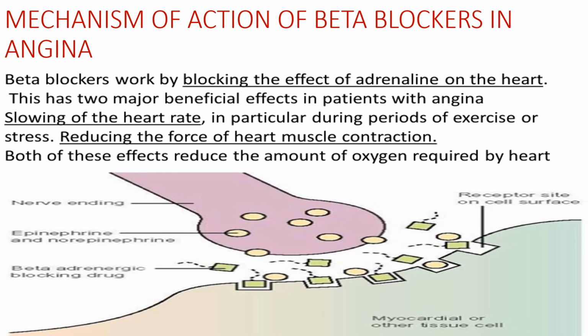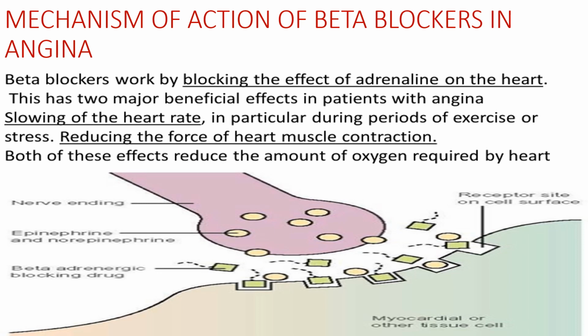Now we are going to read the third category of anti-anginal drugs, which are beta blockers. How do they work? They work by blocking the effect of adrenaline or epinephrine or norepinephrine on the heart. By blocking these hormones, we have two effects.